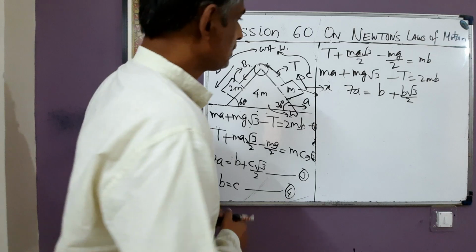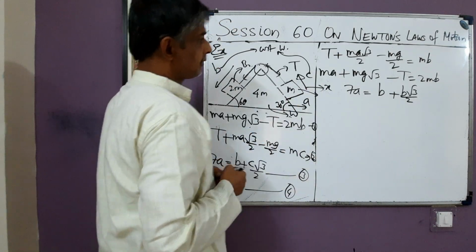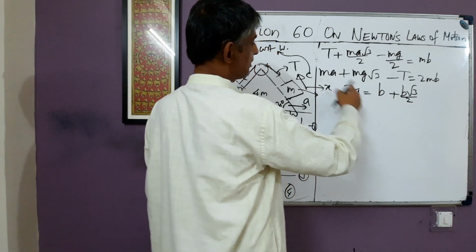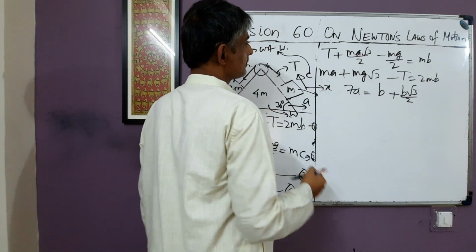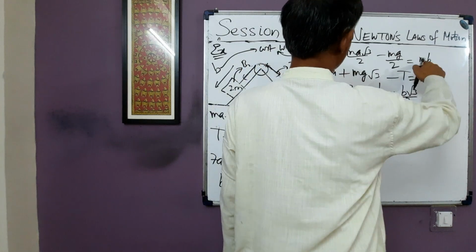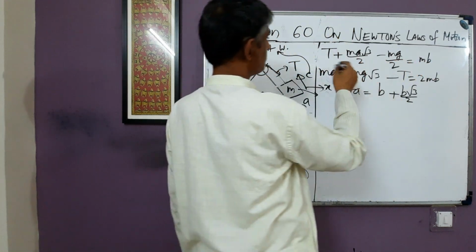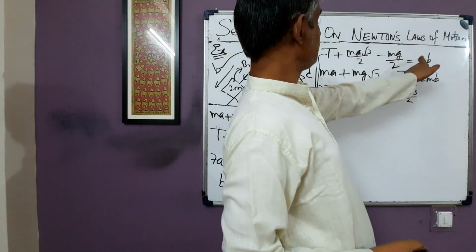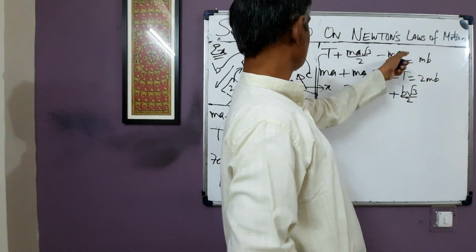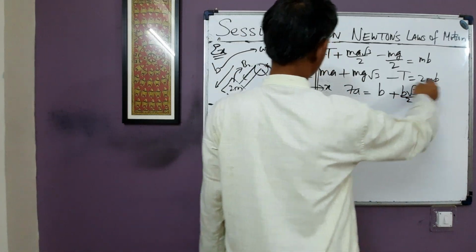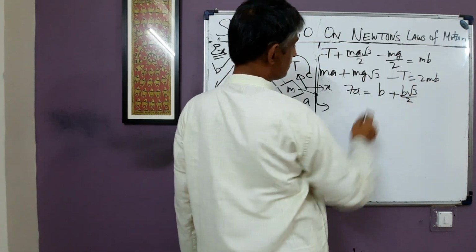So now all you have to do is solve this for a and b. I have obtained the relation between a and b, and I place a by this in here and here. From this you can see that I can remove b. From this equation, divide by m, and b will be obtained in terms of T and a. Replace this b here, and T and a will be obtained.